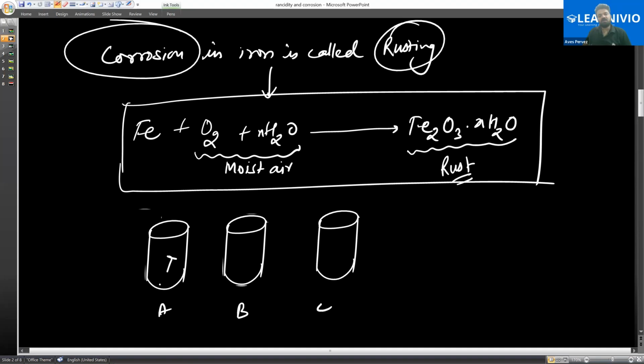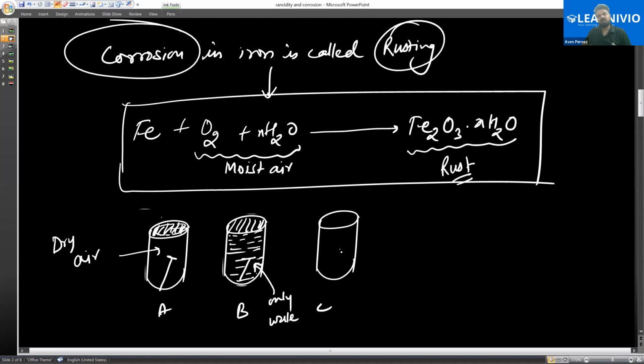You have an iron nail, and it is filled with only air, dry air, airtight, no other. In another, the iron nail is filled with only water up to the brim. Only water.